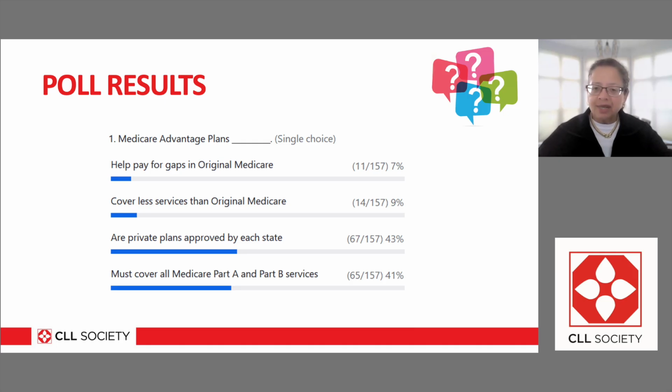And the reason that's tricky is because we just finished talking about how traditional Medicare lets you choose any doctor, any hospital, but in a Medicare Advantage plan, you have a network of doctors and hospitals. So it almost sounds like they don't have to cover all the same services. But the careful thing to remember is the service might be the same.